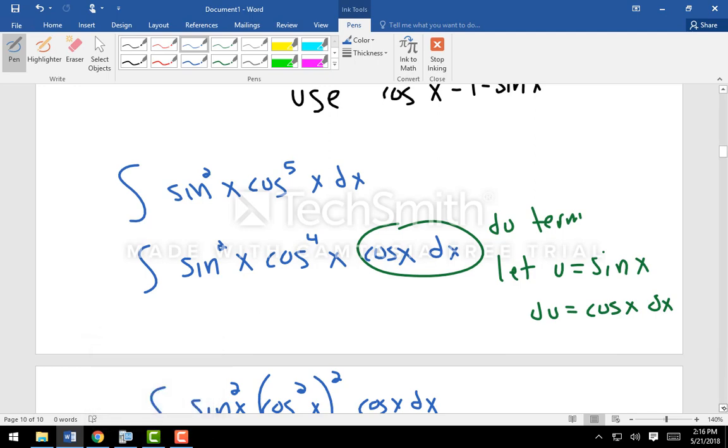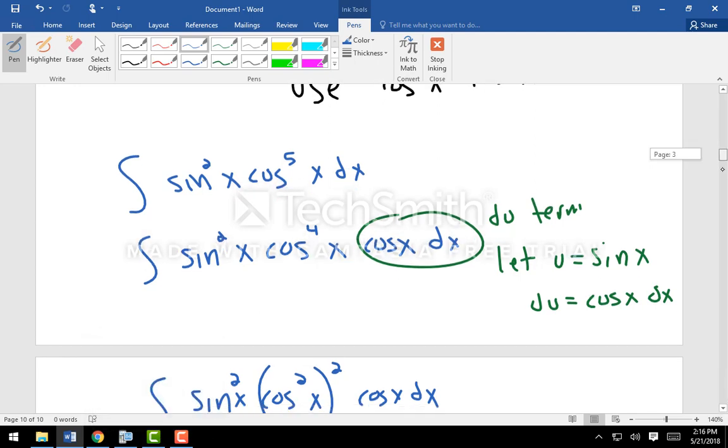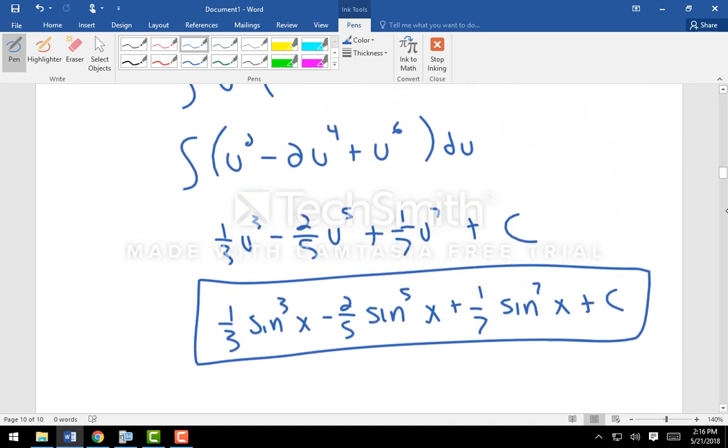If I were to take the derivative of my antiderivative, notice how I don't have cosines in this formula. So it's going to be a little difficult to check this when I am taking a derivative. So I'm going to use my technology, and I'm going to check a little more efficiently.